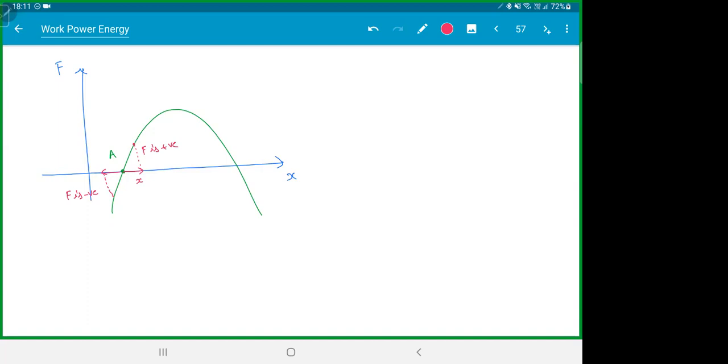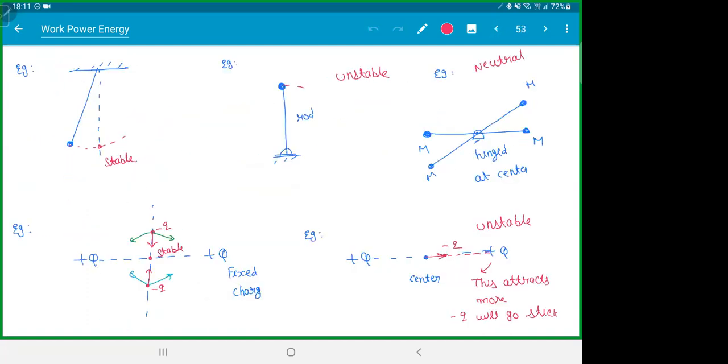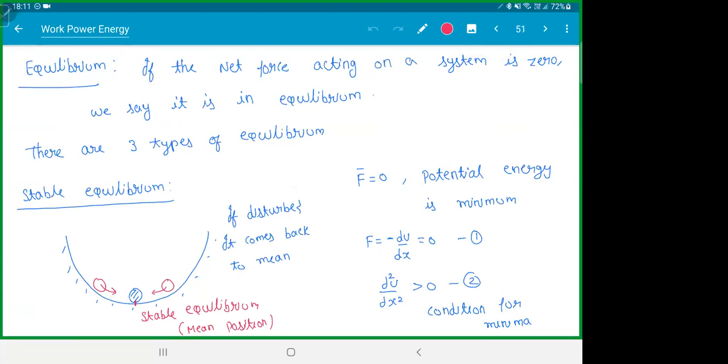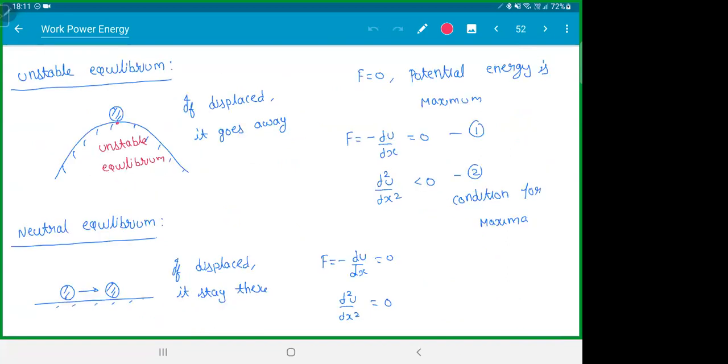Isn't that the meaning of unstable equilibrium? Stable means if you push it, it should keep coming back. In a stable equilibrium, if you push it left, it will come back right. If you push it right, it will come back left. Whereas in unstable, if you push it right, it keeps on going towards right. If you push it left, it keeps on going towards left.